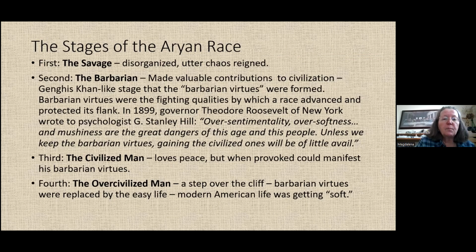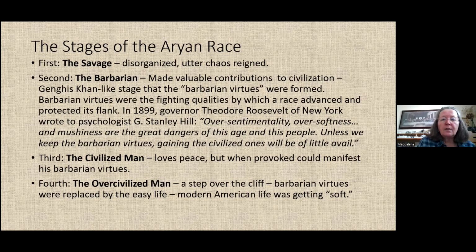I think they refer here to the normal, prejudiced notion of Genghis Khan. Barbarian virtues were the fighting qualities by which a race advanced and protected its flank.